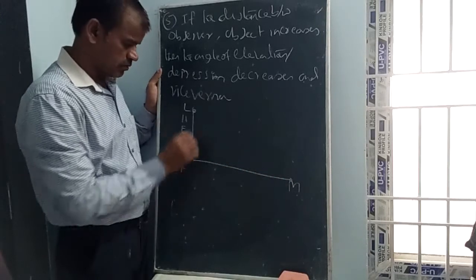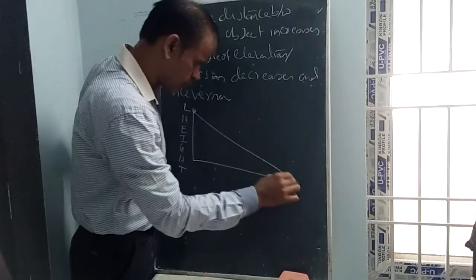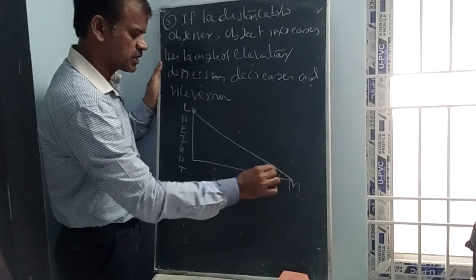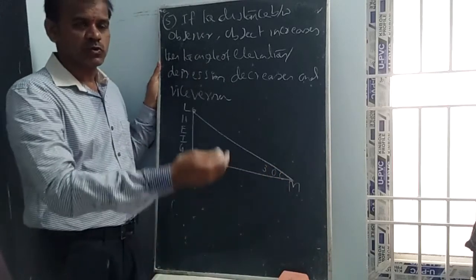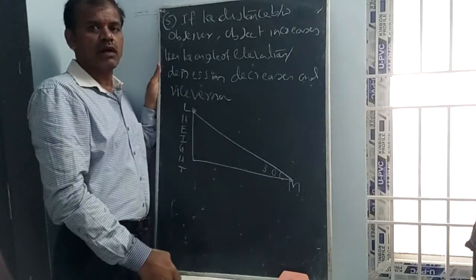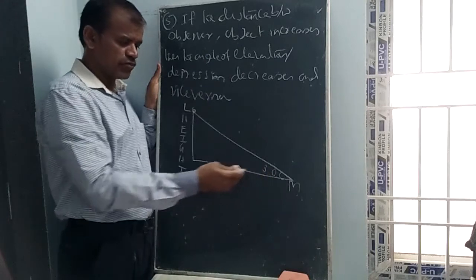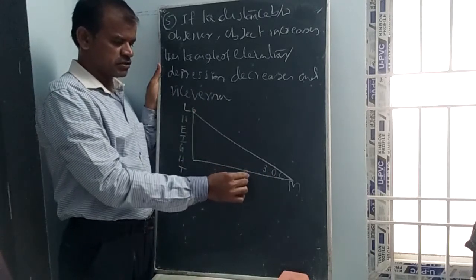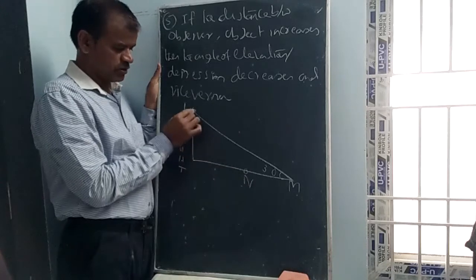The foot of the light and the man are far apart. Now, for example, the angle is 30 degrees, because whenever you are far from the object, we can easily see in the upward direction. If he moves towards the pole, just put here N.